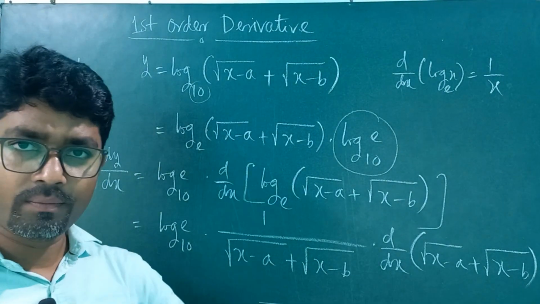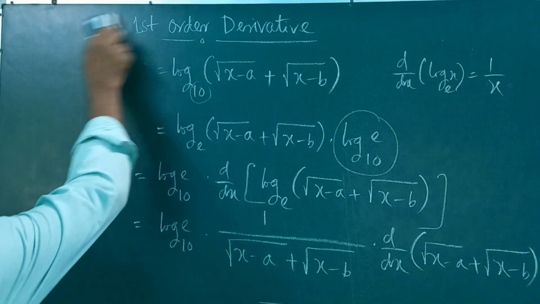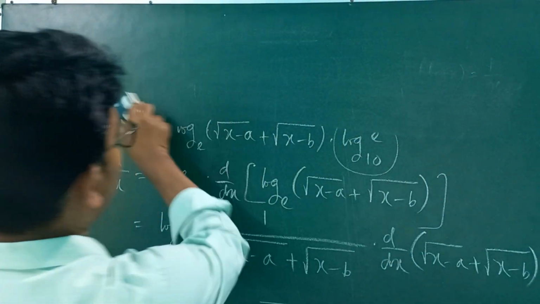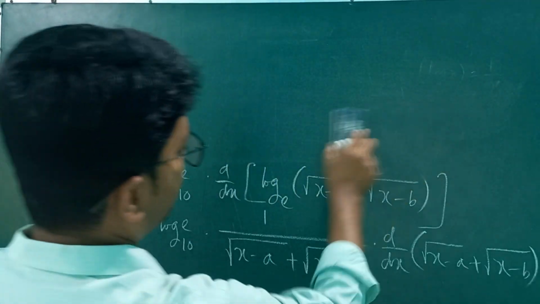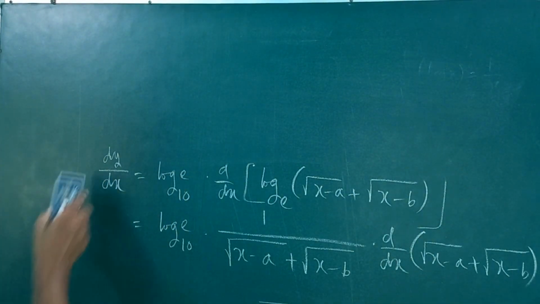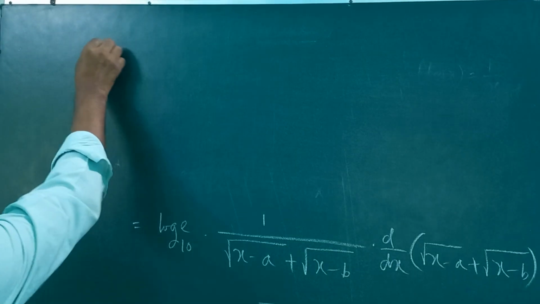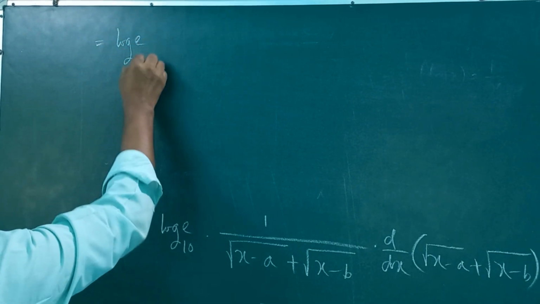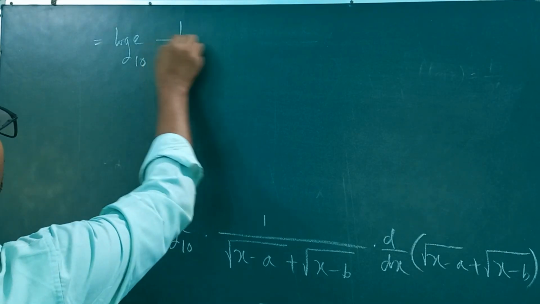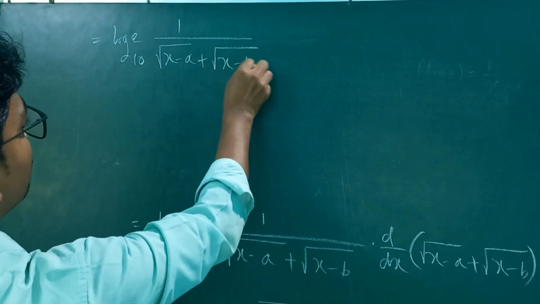This one is the chain rule. So what will it become? This one equals log e base 10 times 1 by root over x minus a plus root over x minus b.